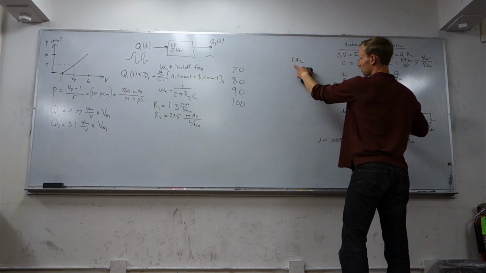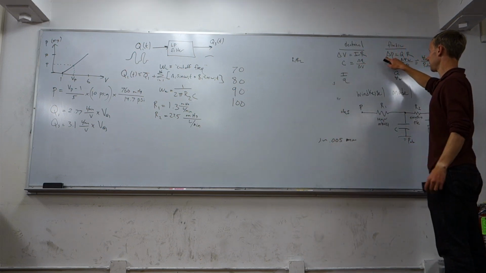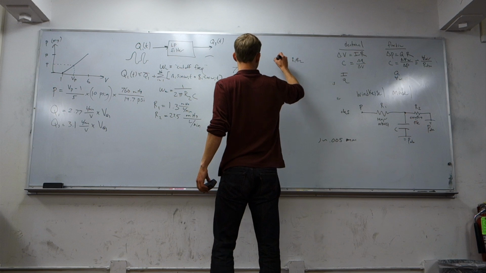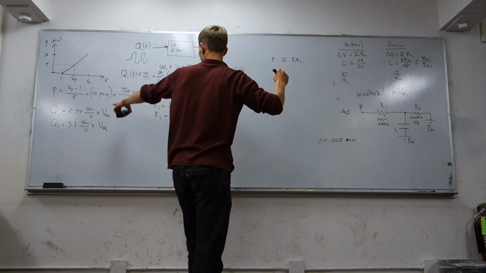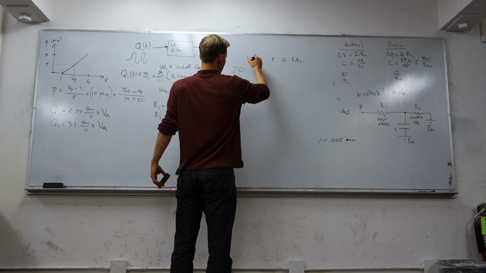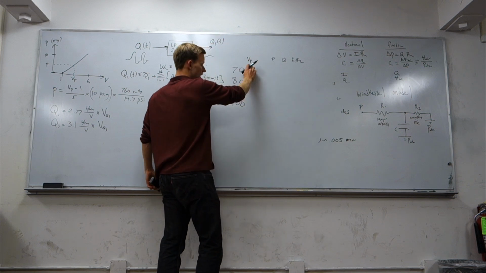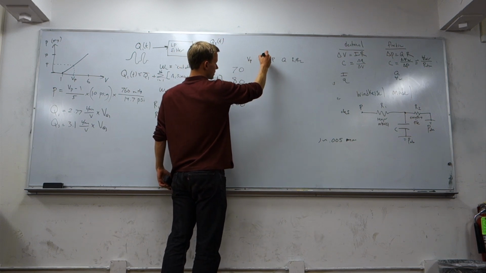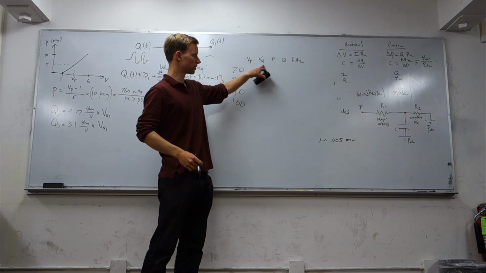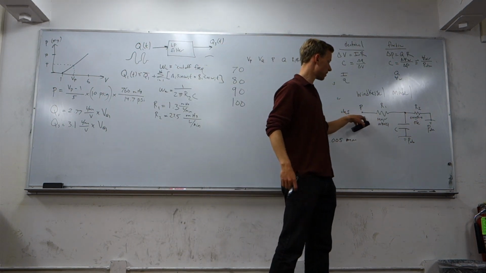And in order to calculate R1 plus R2, I'll need a P and a Q. So I will measure my Q and P. But as we know, our sensors don't output P's and Q's, they output V's. So I will measure from the oscilloscope a voltage reading the pressure sensor and a voltage on the flow rate sensor. And it doesn't matter if I use Q1 or Q3 since it's steady state flow.